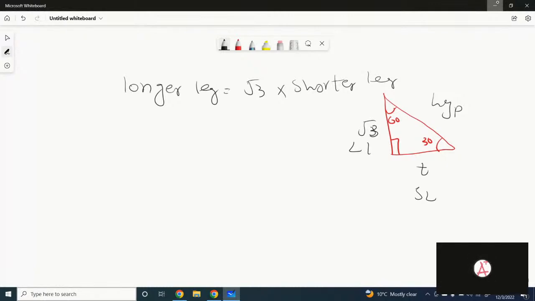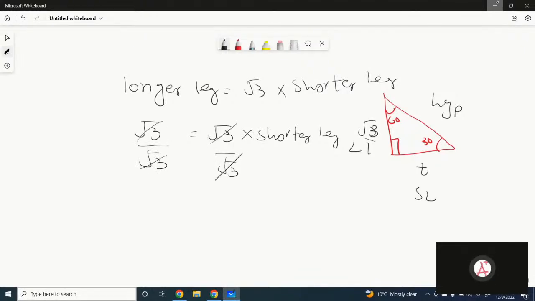Got it? So to find the shorter leg, the longer length you are given is square root 3. This is the longer length, and then you have to do square root 3 times the shorter leg. Got it? You have to find the length of the shorter leg. So it would be, divide both sides by square root 3.